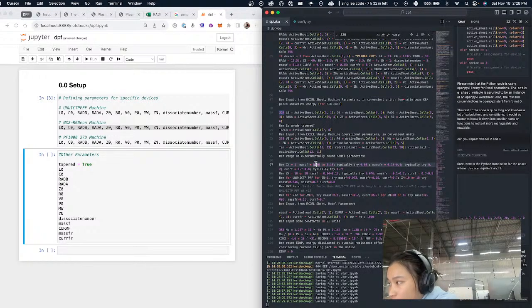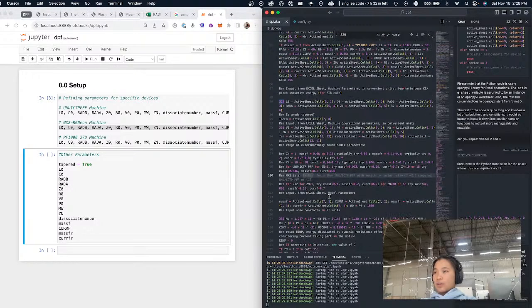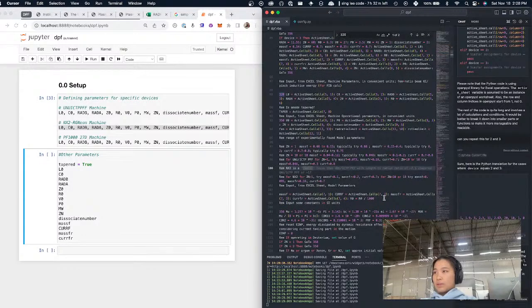Okay, so these are setting what to expect the range of things to be. Input machine operational parameters in component units. Yeah, it appears that it changed. So this is comment, comment, comment, and the actual definition happens around here.